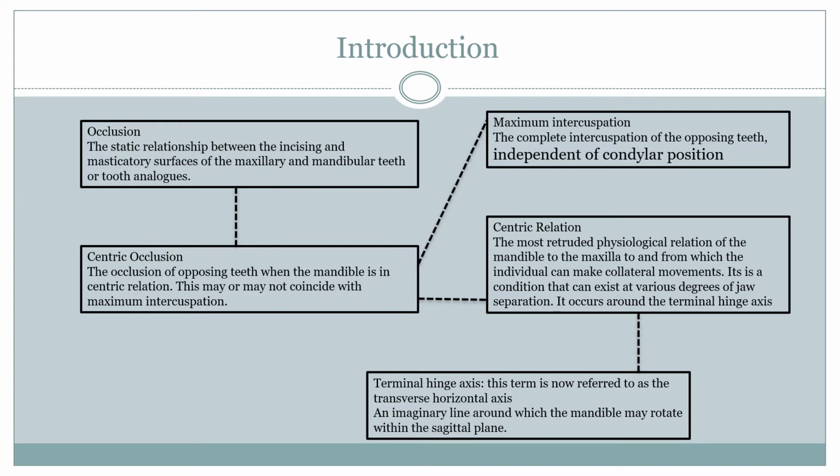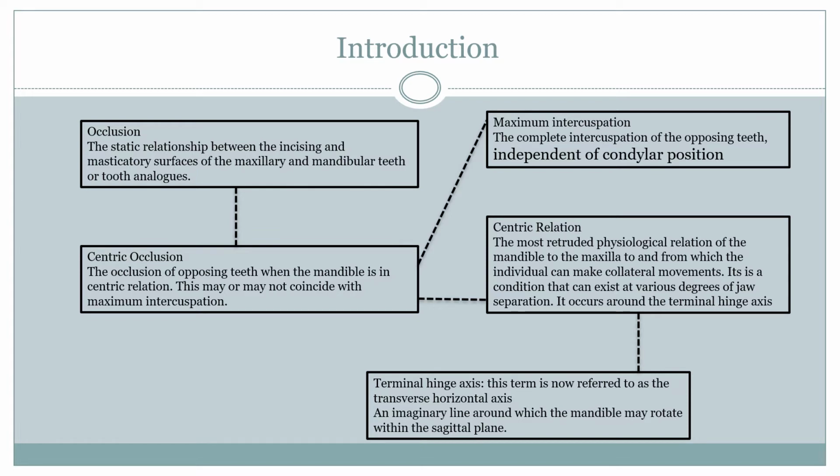You occlude it in a class 1 position, and you see that the maxillary first molar is coming in contact with the central groove of the mandibular first molar. That is maximum intercuspation. But in centric occlusion, please notice that it has to do with your centric relation position. So here comes the concept of the importance of the position of the condyle in the glenoid fossa.